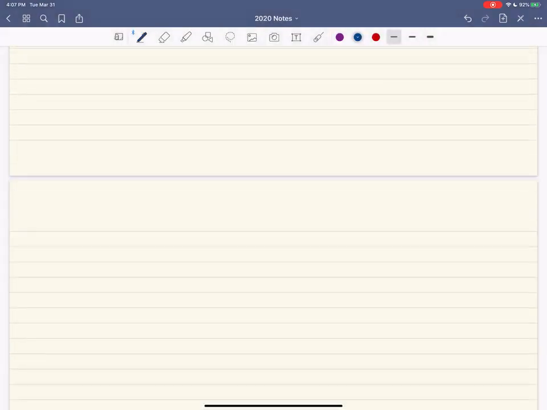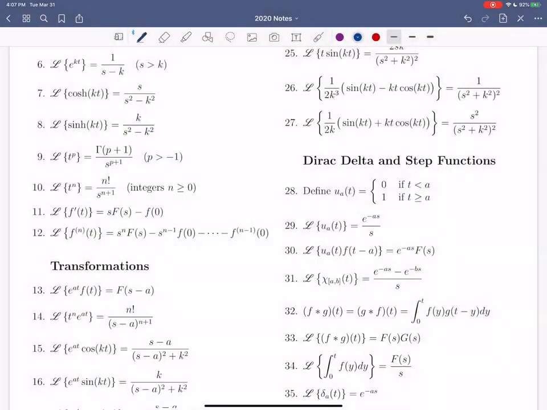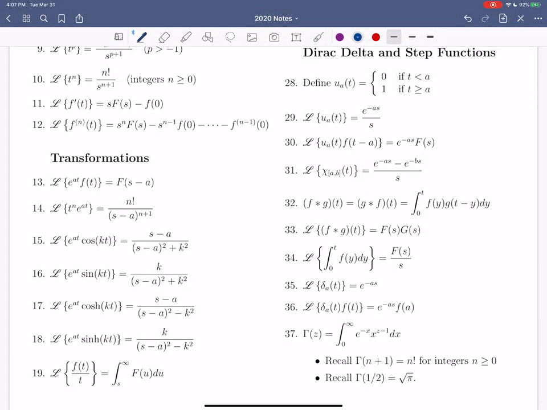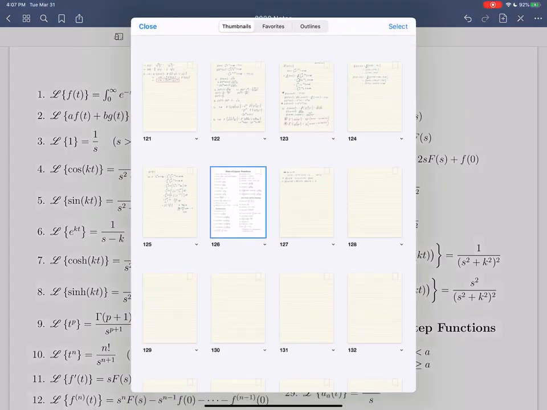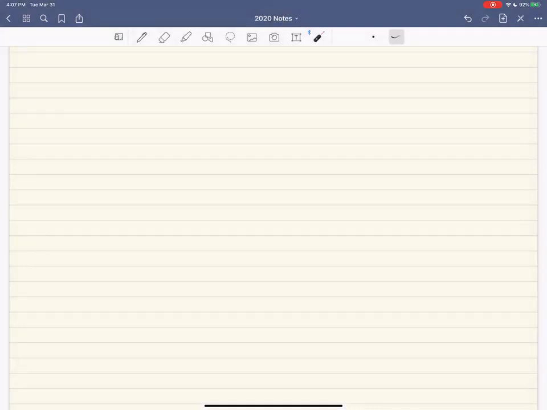So for t times the second derivative, we're looking at rule 23. And then we're also going to need to know rule 20. So rule 20 and 23, and then later we'll need some other stuff. We'll come back and look at this table. But by rule 20 and by rule 23, what we're going to have is the following.